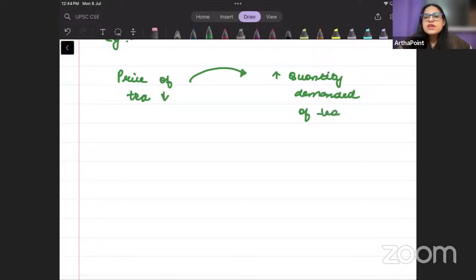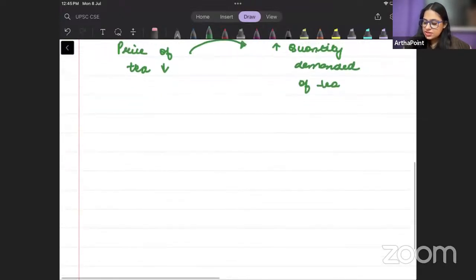And I am using the word ceteris paribus. Ceteris paribus means holding other things constant, right? I am holding income of consumer constant, taste and preferences constant, holding all other things constant. सबको constant रखते हुए, when there was a decrease in price of tea, the demand of tea increased.